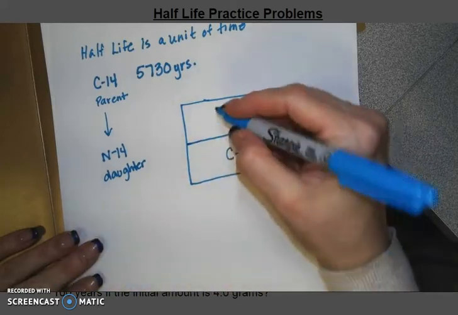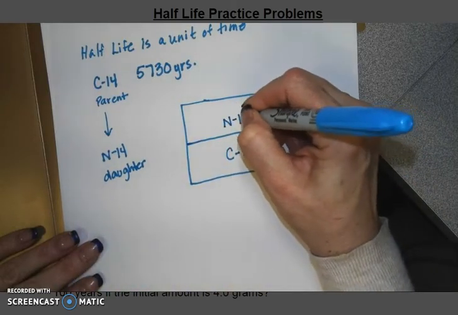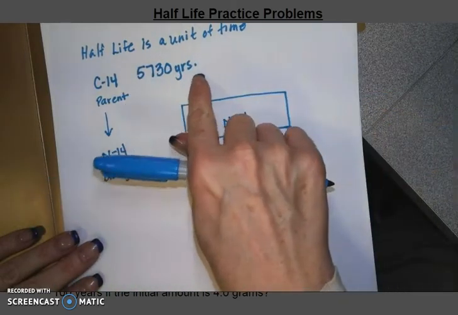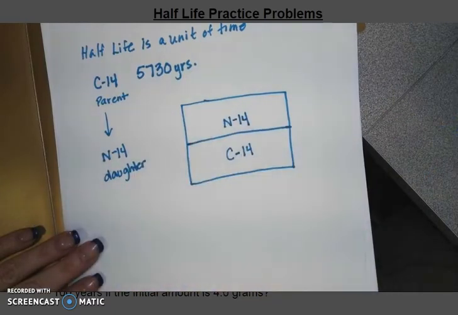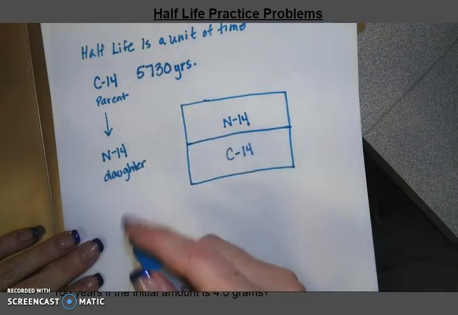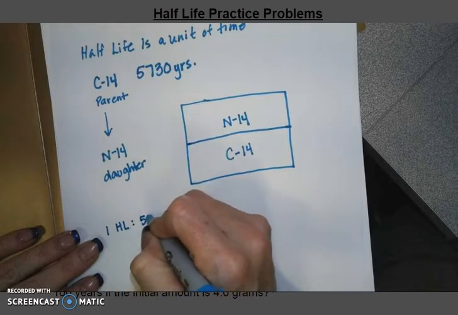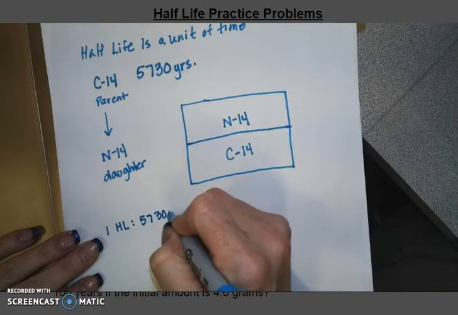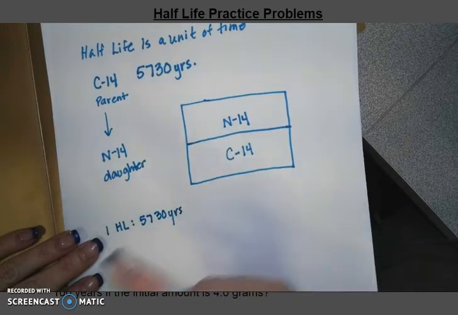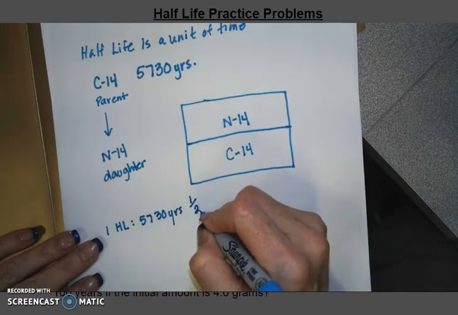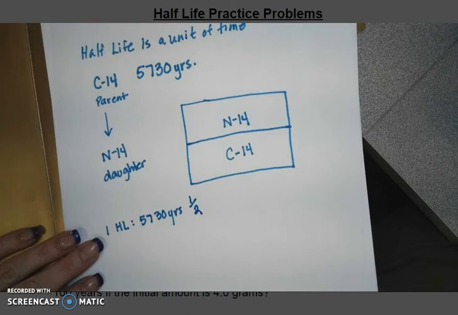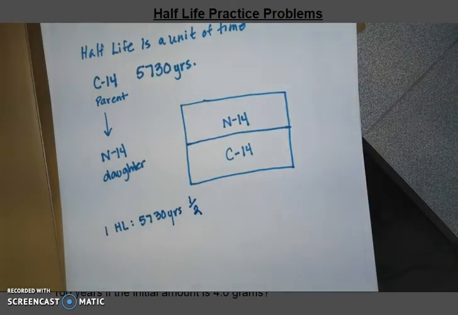The other half would be nitrogen-14 after 5,730 years have passed. It'll be a ratio of 50-50. Now, that's one half-life. So one half-life for carbon-14 is 5,730 years. And we can say that 1/2 of the original carbon-14 remains at that point in time.